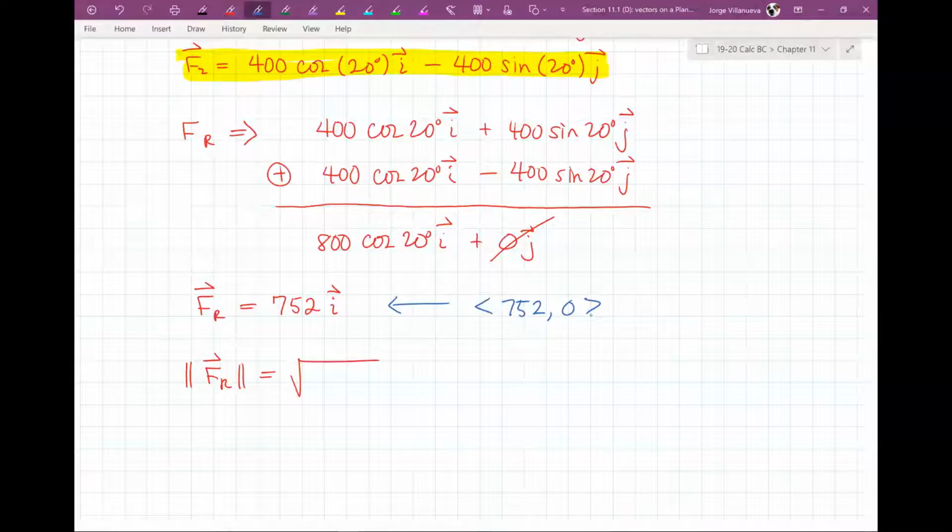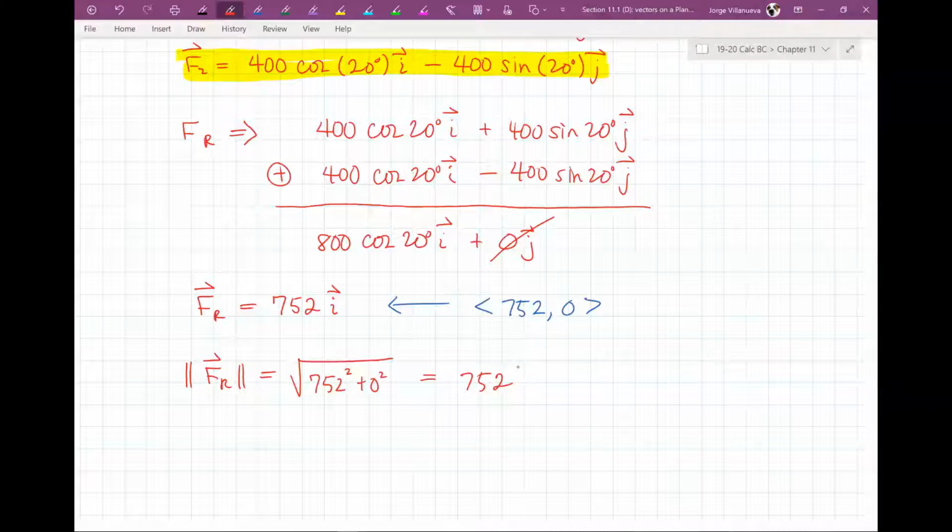So the magnitude is the square root of 752 squared plus 0 squared. This was kind of obvious, but it's 752. That means the force is 752 pounds in an eastward direction, because based on the picture you can see it's moving to the right.